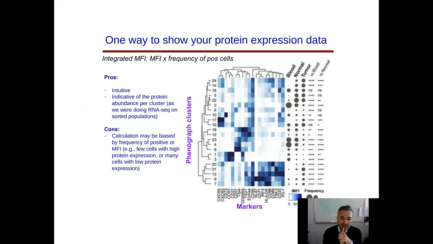This is just a heat map. I'm going to walk you through this. The heat map shows you the antigen expression in the different clusters. You've got the markers in the columns, so you can see CXCR5, CXCR3, CD73, and so on. And then you've got the phenograph clusters. So we use this computational algorithm called phenograph, developed initially for single-cell RNA sequencing.